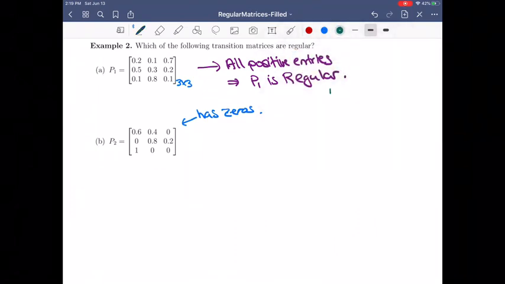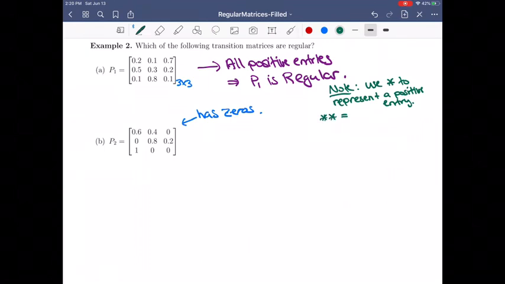Note, I'm going to use a star, but you can use whatever you want to represent a positive number. If we have a star multiplied by a star, that's going to be a star, since 2 positive numbers give a positive number.